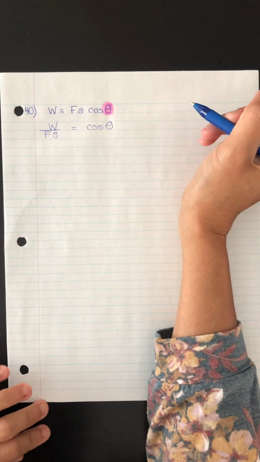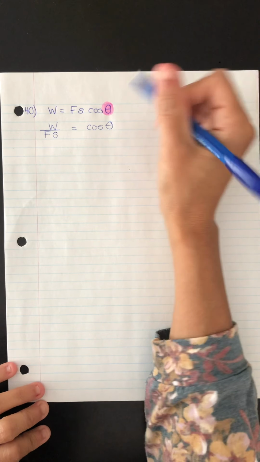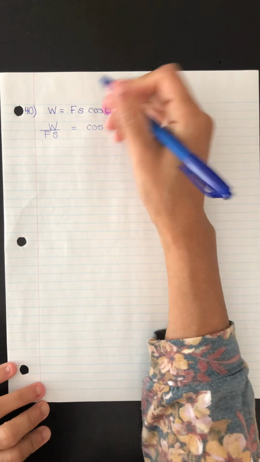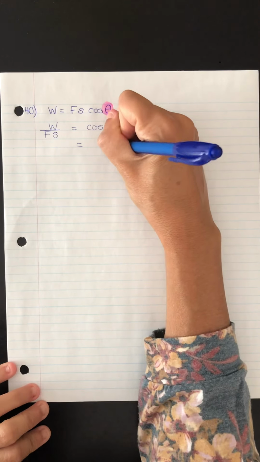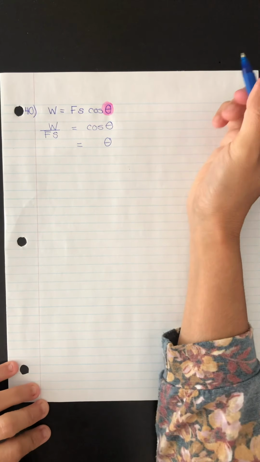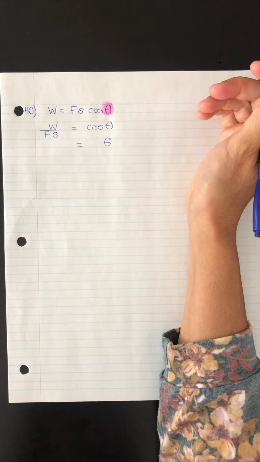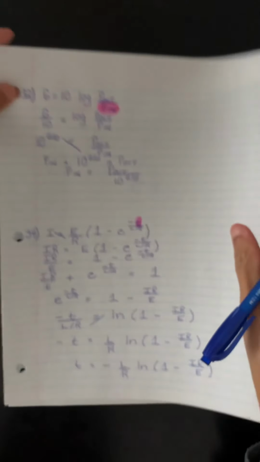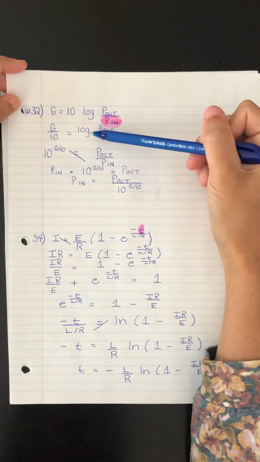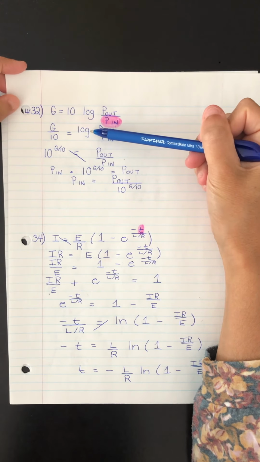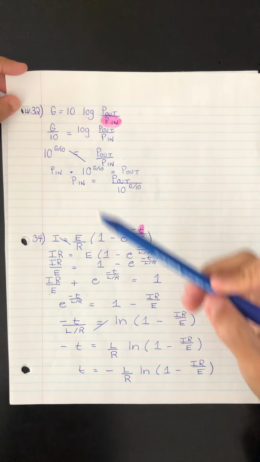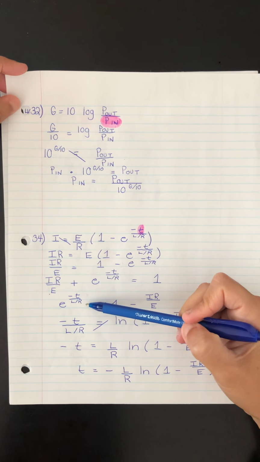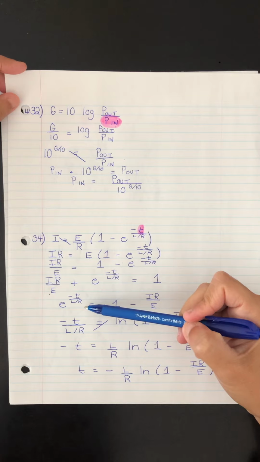That's pretty good, but we want an actual formula for theta. So how do we go from the cosine of theta to theta? We need to know what the inverse function is. Just like we saw earlier today, the inverse of the common logarithm was 10 to the x. The inverse of the exponential function was the natural logarithm ln.